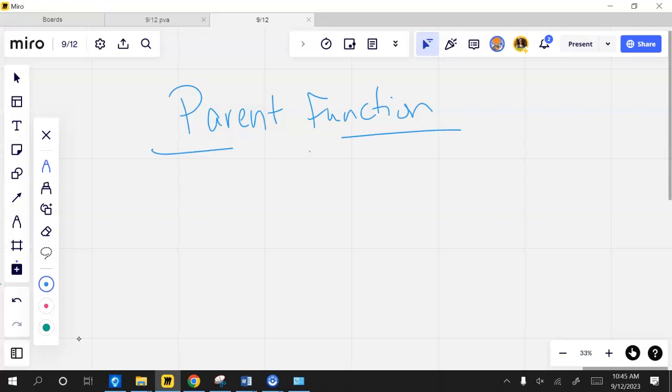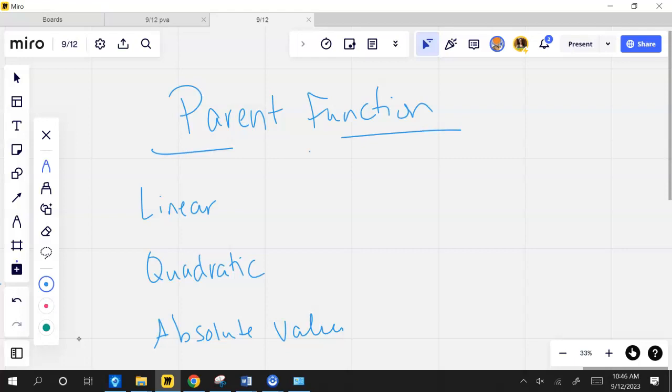So for instance, the ones we're going to look at are linear, quadratic, and absolute value. And we just spent a long time on the absolute value ones, right?